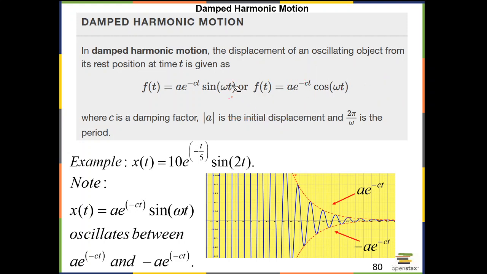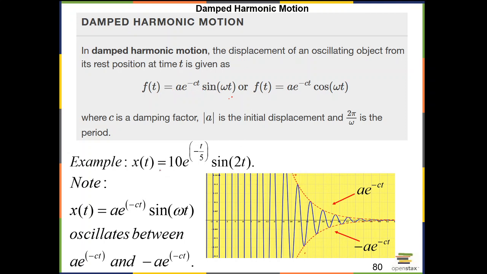So it's the same sine function with the same period, everything, except the amplitude keeps getting smaller and smaller. In fact, when you do that, it turns out that this function is going to be like a sine function that's stuck between this function and its negative. See, that's that function, and right here is the negative of that function. So the sine function is stuck between these two. So that's the idea of damped harmonic motion.